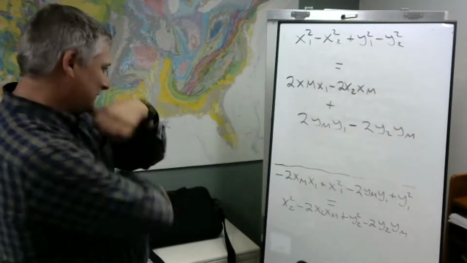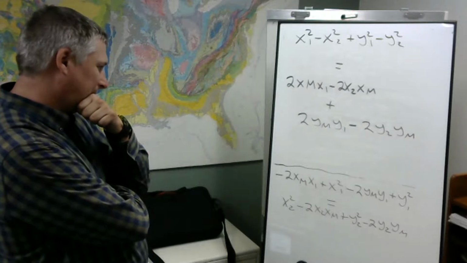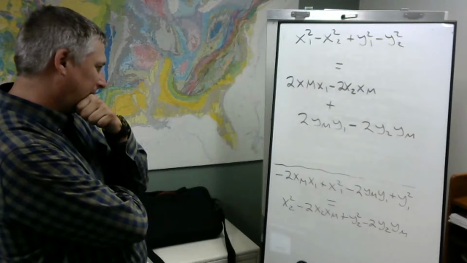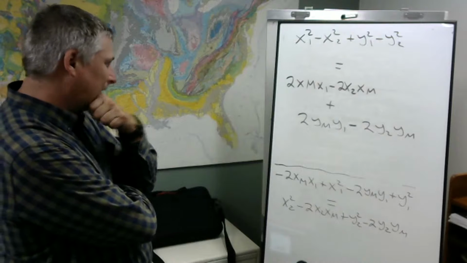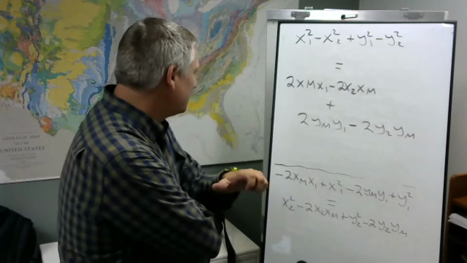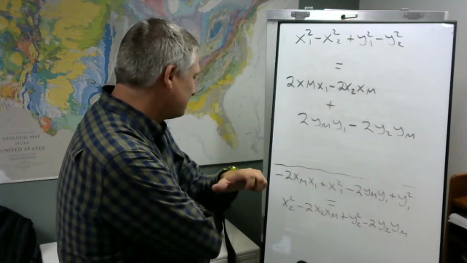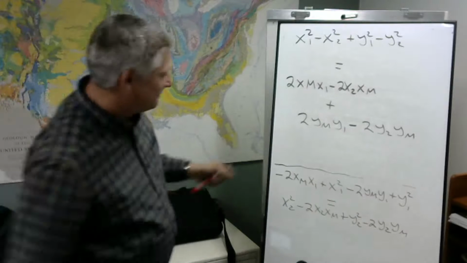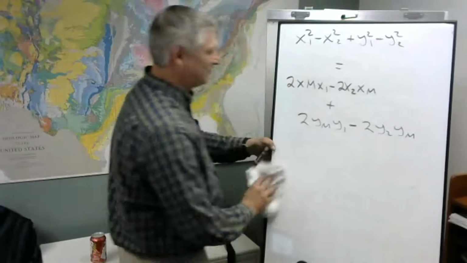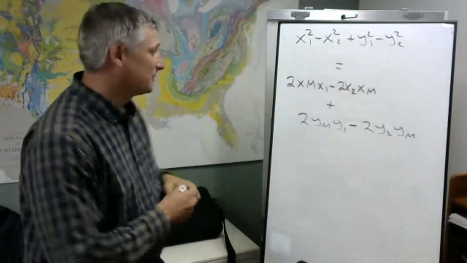Double check my arithmetic here real quick. Make sure I copy this down right. All right. So what we can do, these are difference of squares.